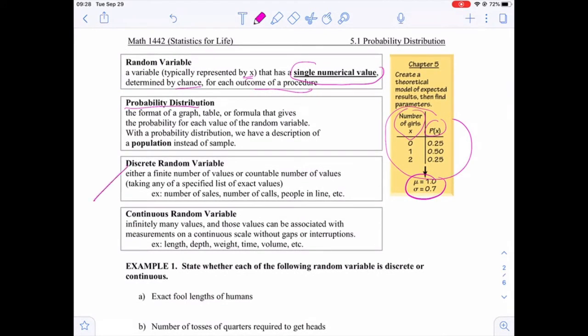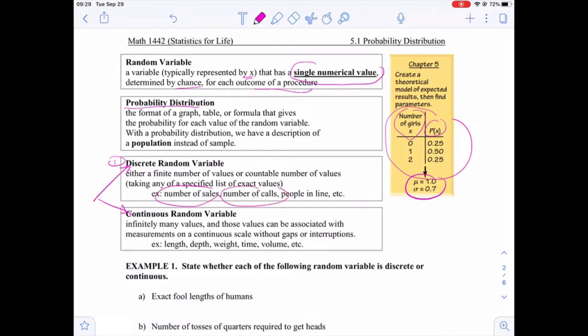Now, we have two types of random variables. Discrete random variables deal with whole numbers. I don't mean that it does not accept fractions in general; for example, the number of sales cannot be half. We can't say the sales are 5 and a half items, just 5 or 6 or 7.